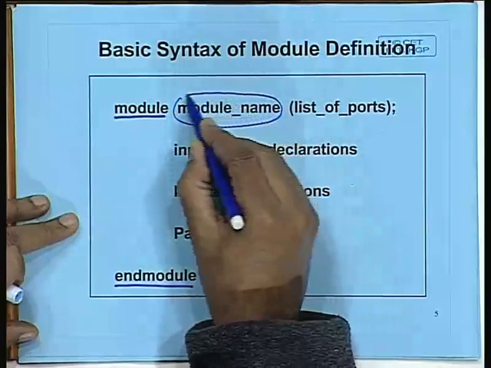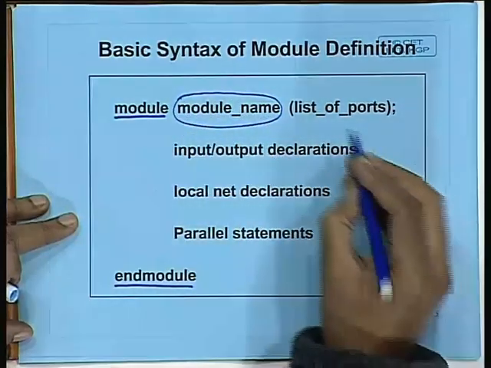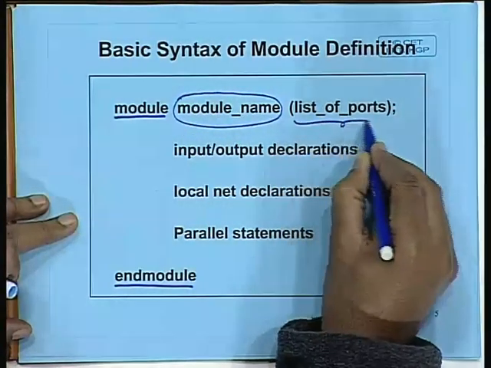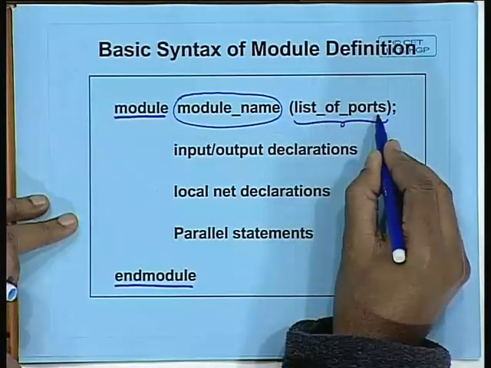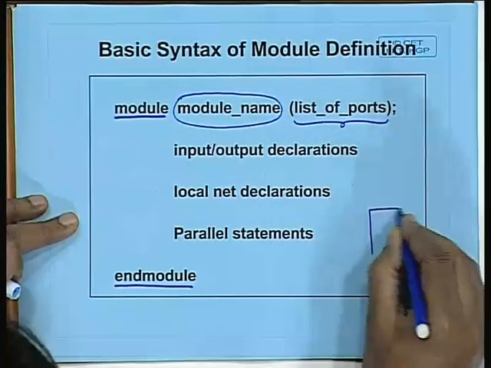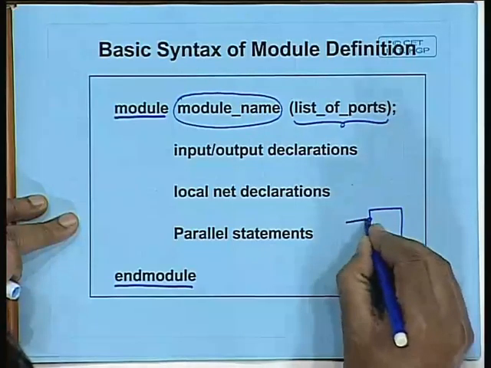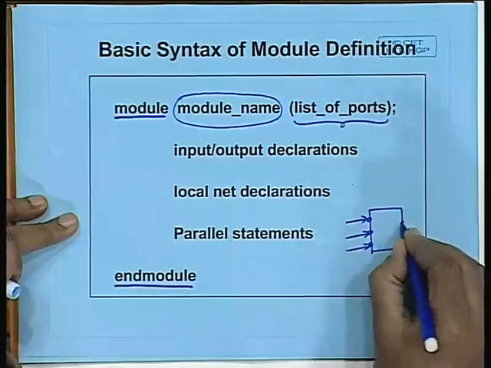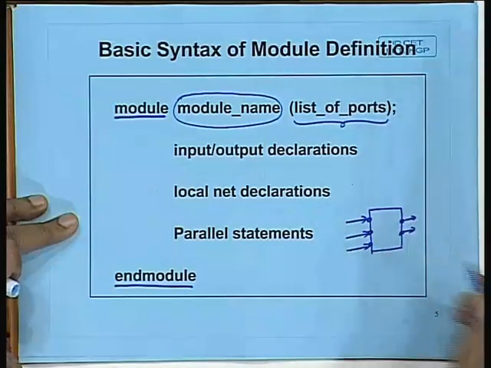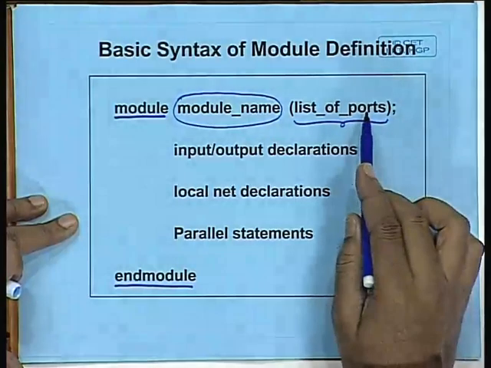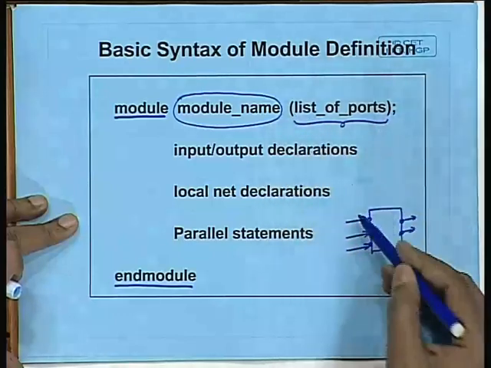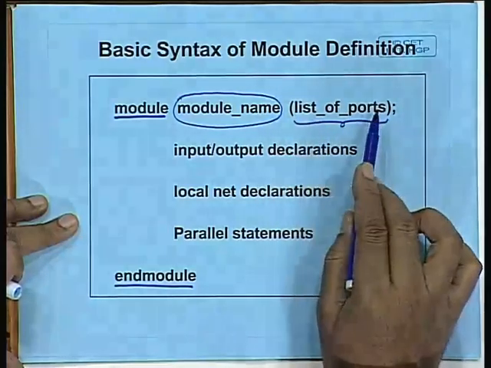You will have to give a name to each module. And here you will have to list all parameters. See, if you treat a module as a black box, there will be some inputs to this module, there will be some outputs from this module. These are sometimes called ports. So, you will have to list all the input and output ports out here.